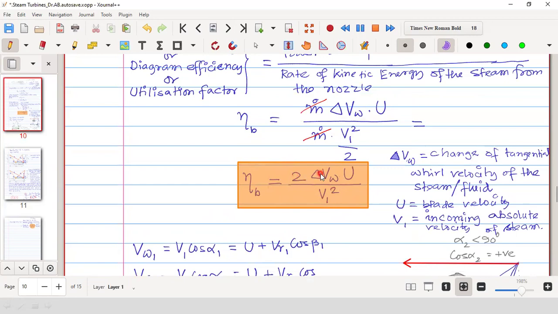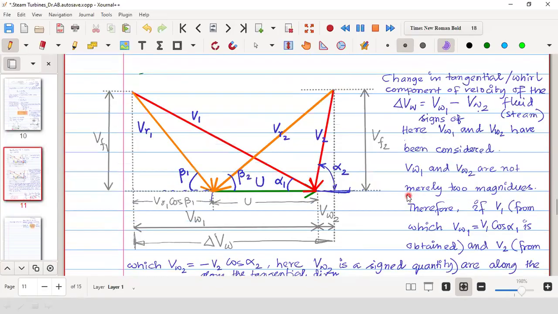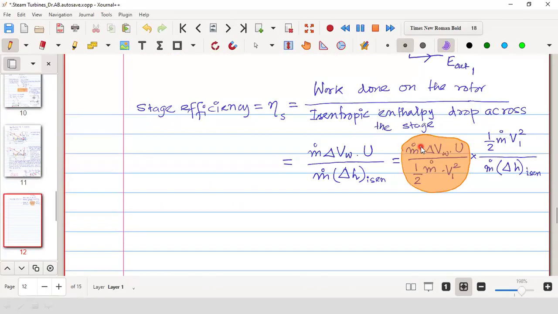So 2 delta VW U by V1 square, after cancelling, obviously, the mass flow rate. So it will be 2 delta VW U by V1 square. And therefore this is basically the blade efficiency.